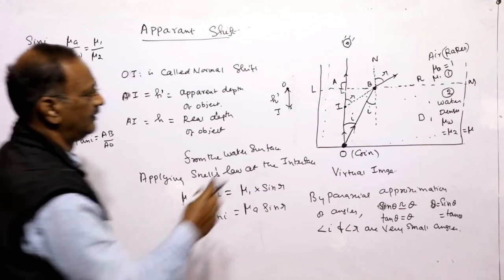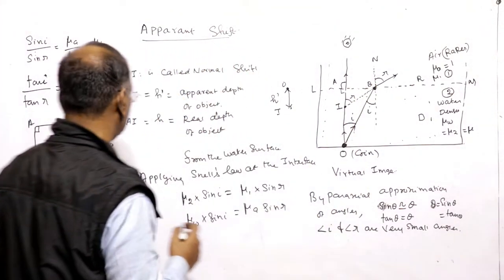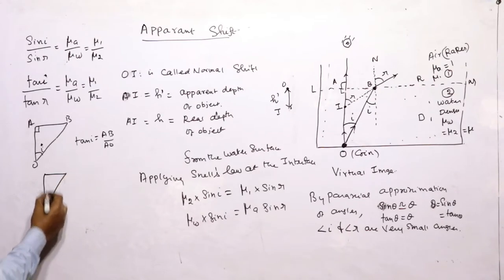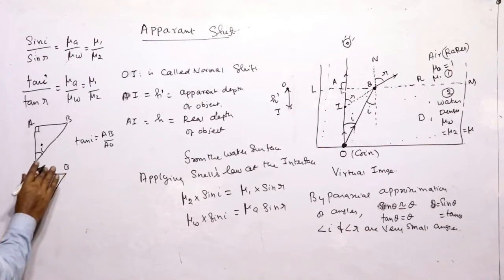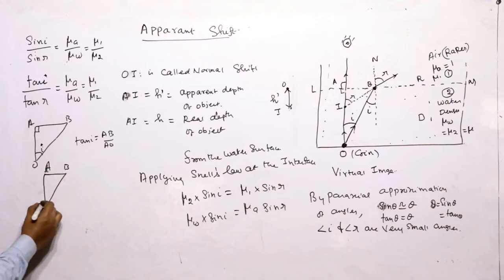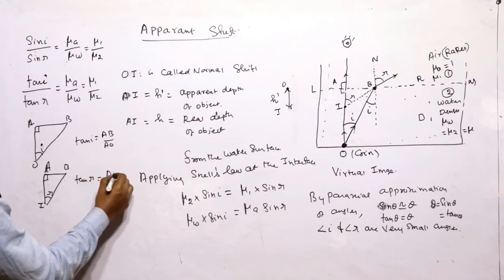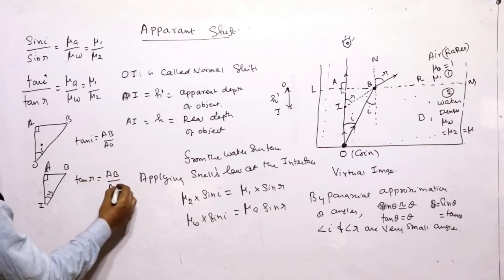And from this triangle, ABI, having the angle R, and this is 90 degrees, tan of R is equal to AB by AI.